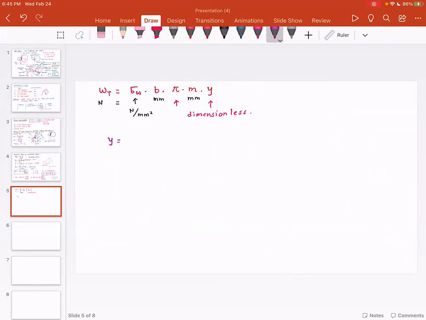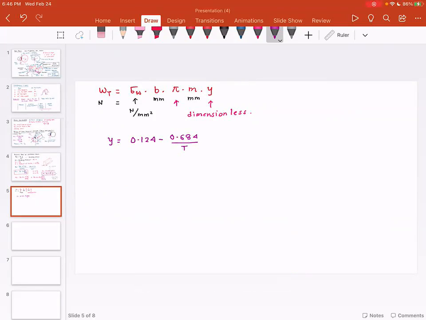This expression is dependent on the type of gear. So for an example, if you have a 14.5 composite or full depth involute, this equation is given as 0.124 minus 0.684 divided by T. And we are not expected to remember this equation.